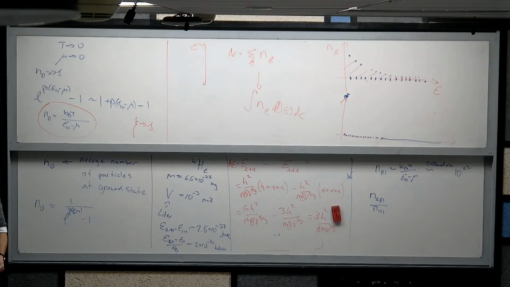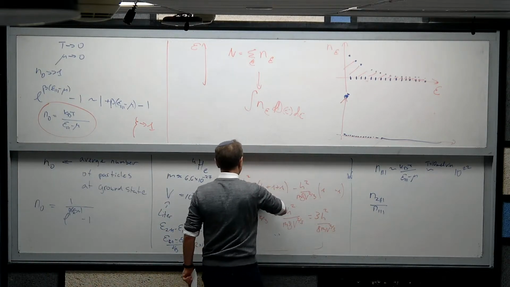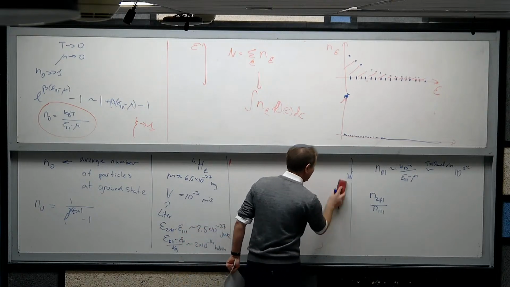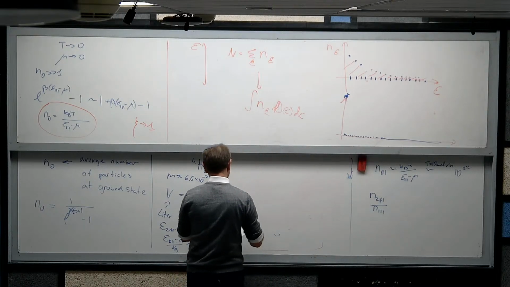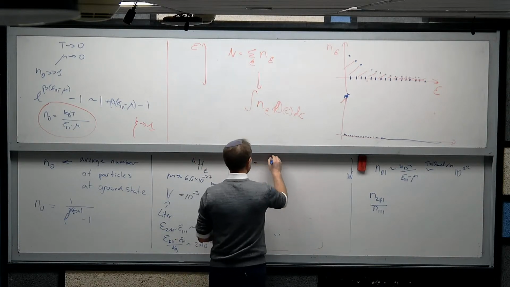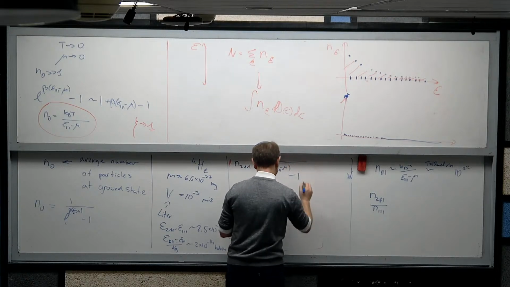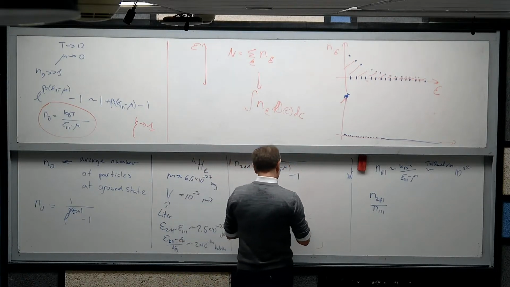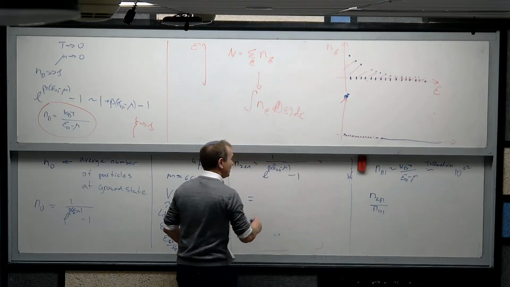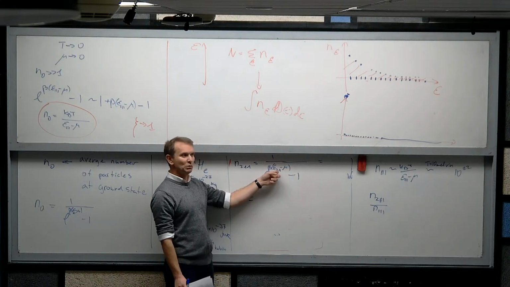I do the following thing. First of all, what is n211? It is 1 over e to the power beta times epsilon 211 minus mu, minus 1. Now, everything here is small. So mu is almost 0, epsilon 211 is also small.